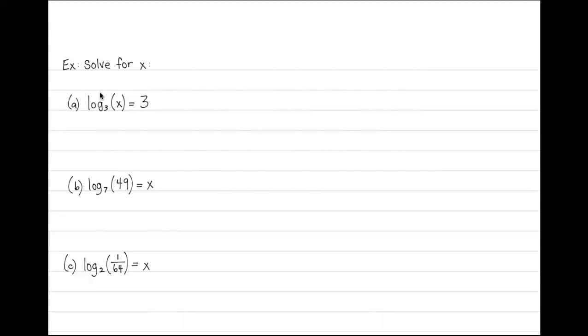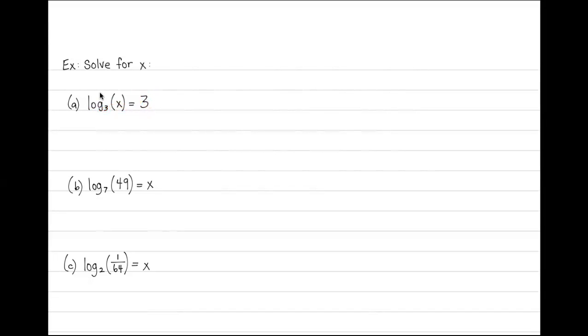So I thought it'd be useful to work through a couple of different examples if they ask you to solve for x. Okay, so the first example here, we've got log base 3 of x is equal to 3. Okay, so 3 is my base, 3 to the power of, this is the exponent, 3 is equal to x, right?